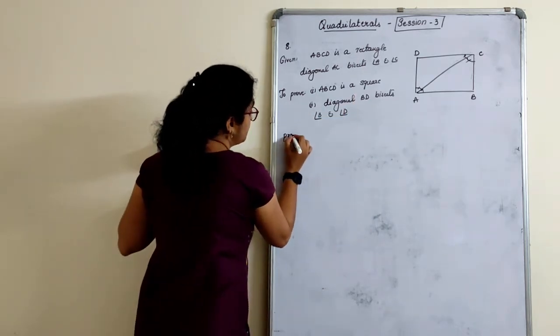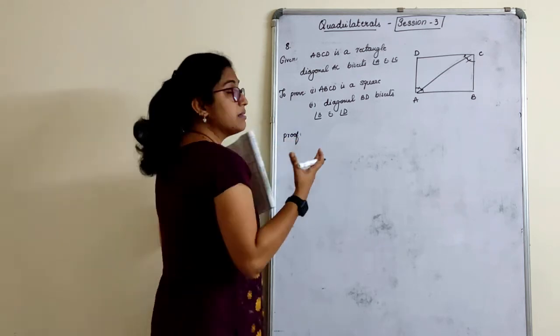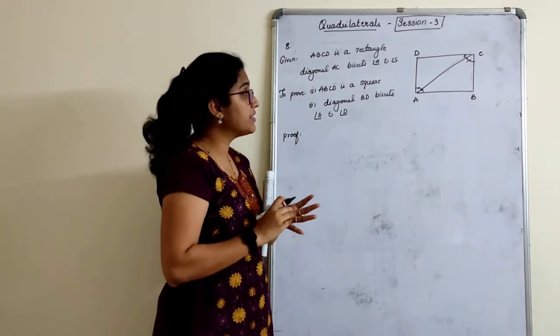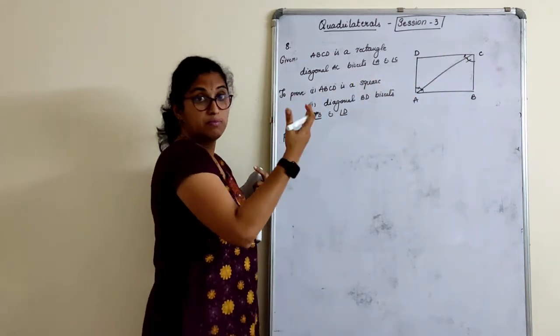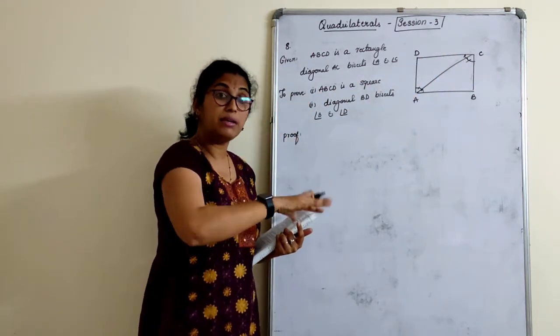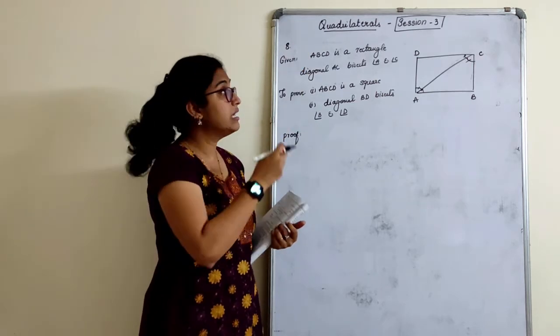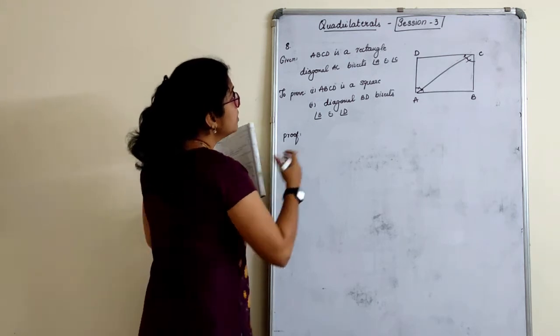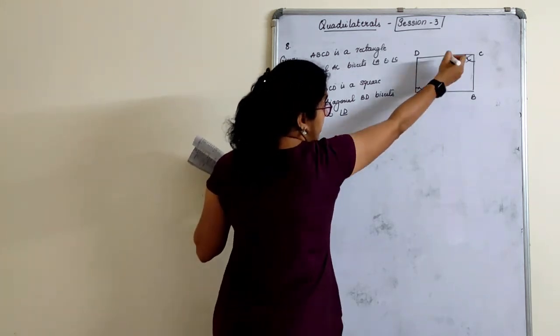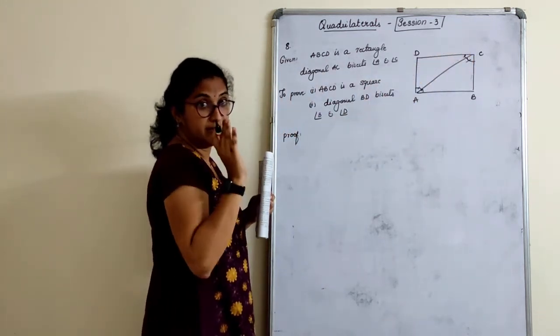So proof. It is again somewhat similar to the previous sum. See children, in the previous sum, we didn't know that these two were equal to each other. We proved them equal and then arrived at the conclusion. But here it is already given that they are equal. On top of that, angle A is equal to angle C. That we know.